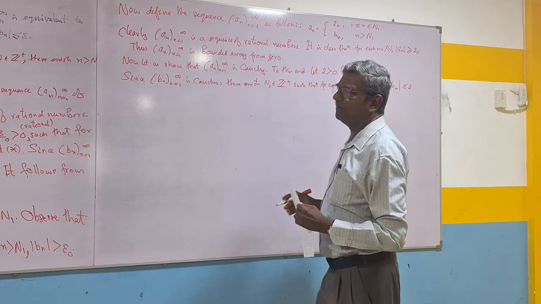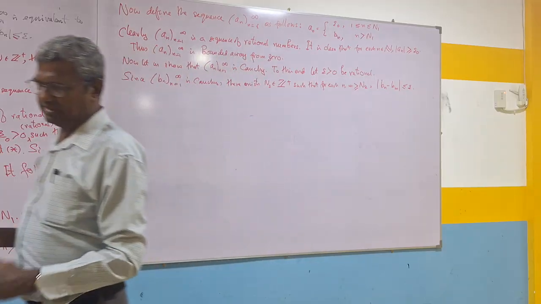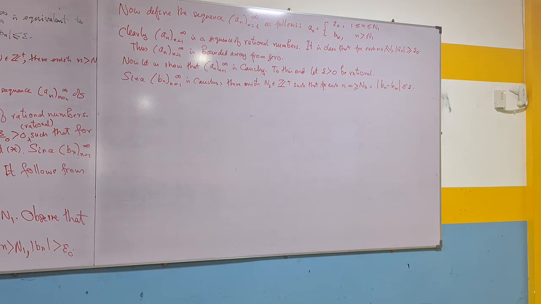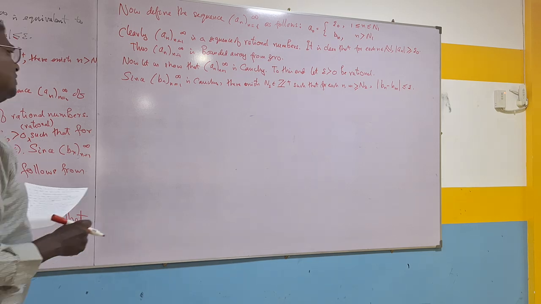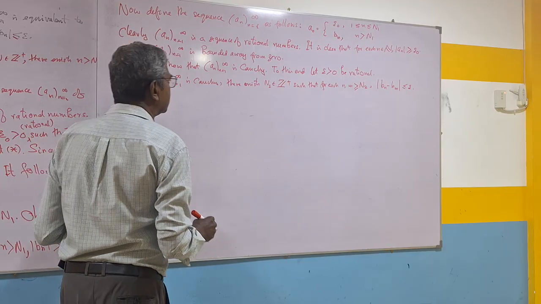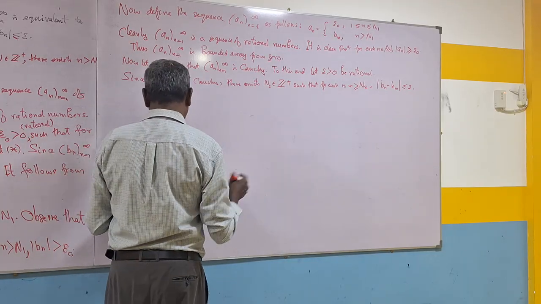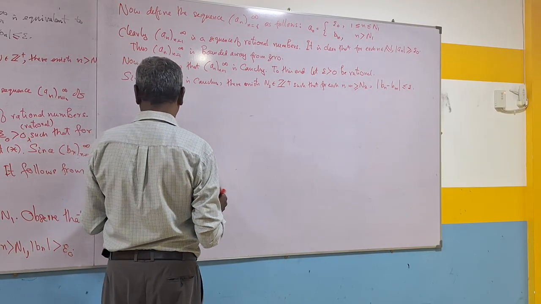This is the meaning of a Cauchy sequence. Since Bn is Cauchy, there is an N2, after N2, any two terms are at the distance at most epsilon.